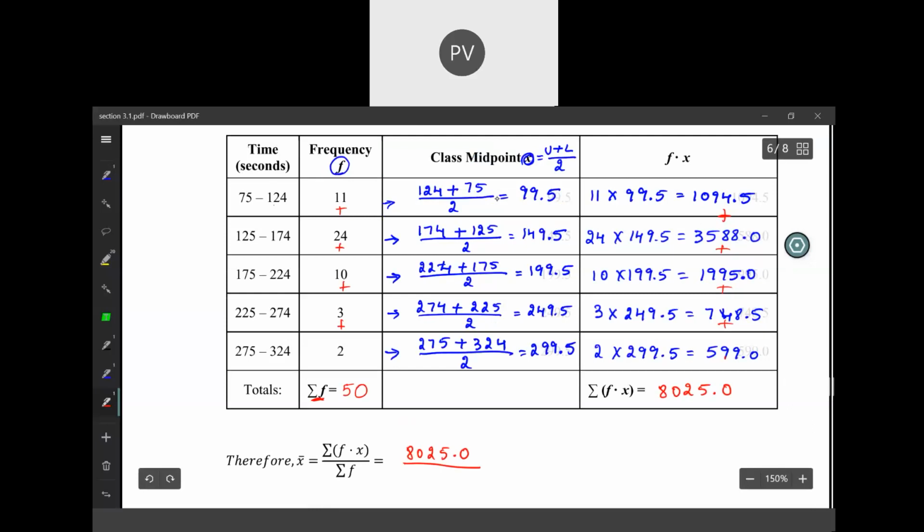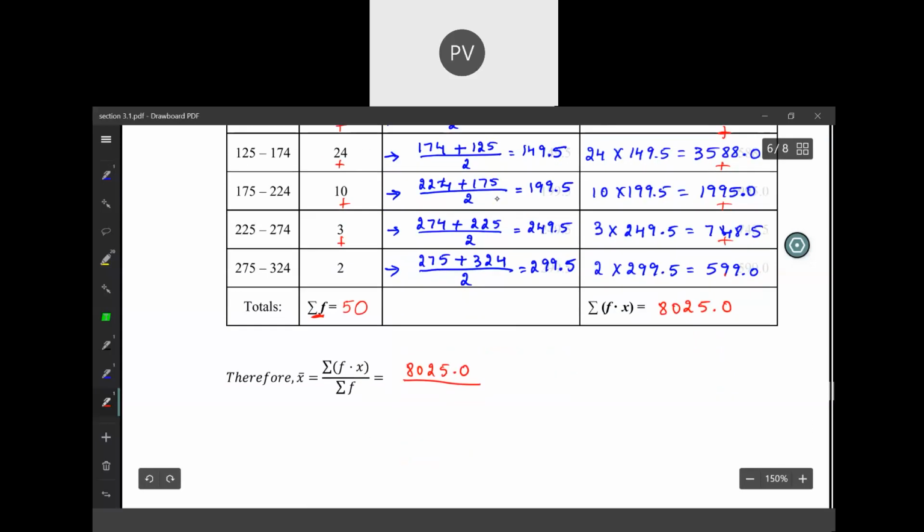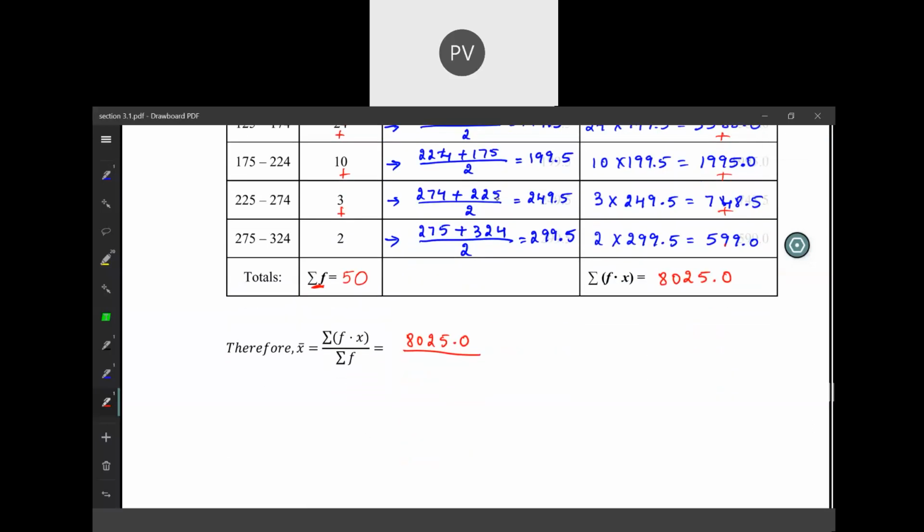You have to get 50. Okay, and put the same number here and divide 8025 by 50. 8025 divided by 50 should give you 160.5.